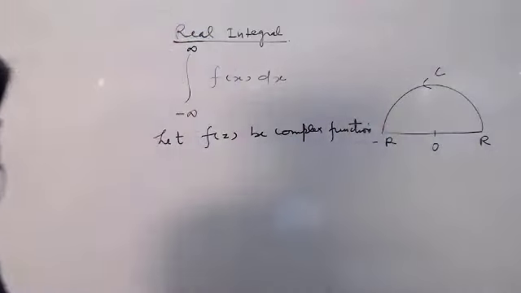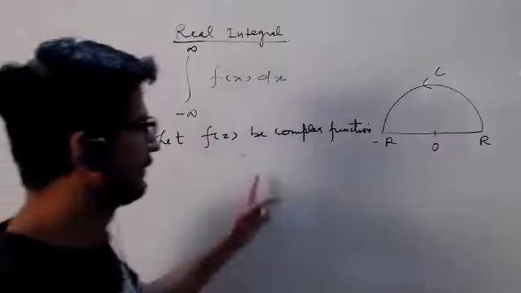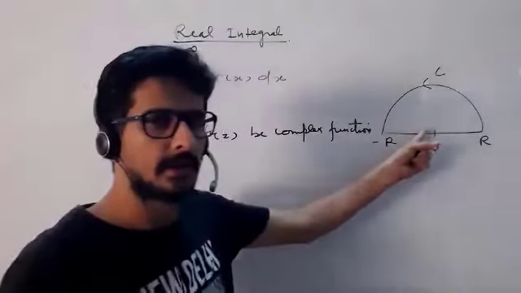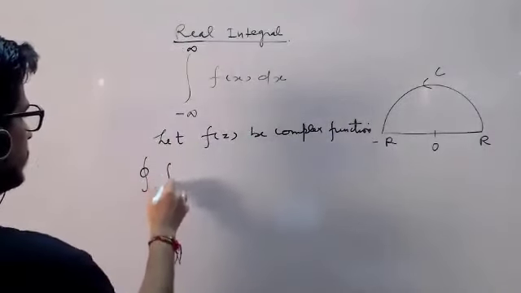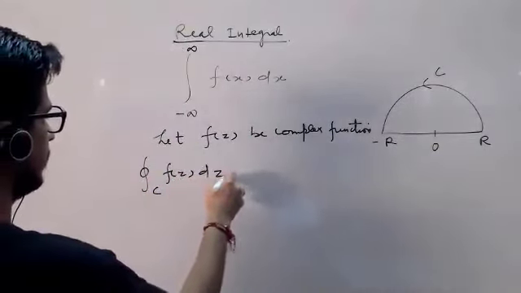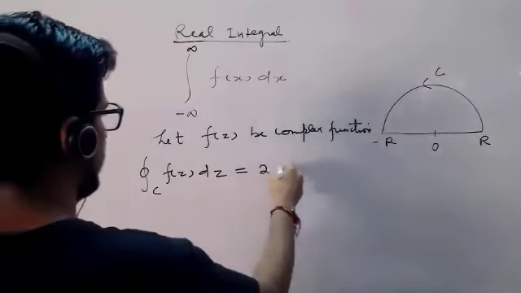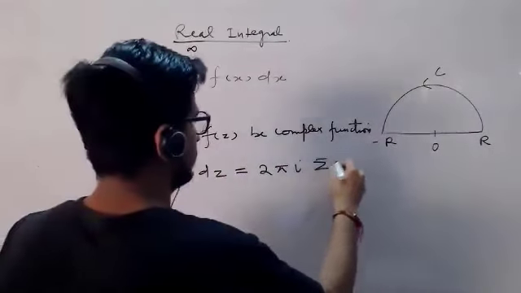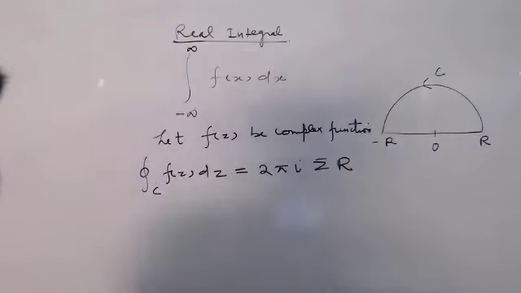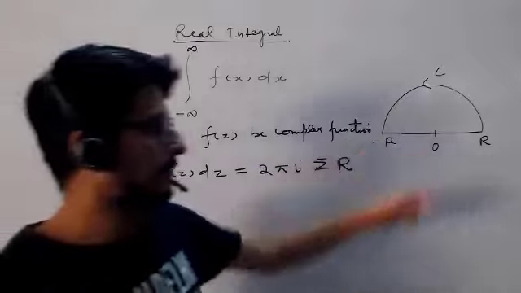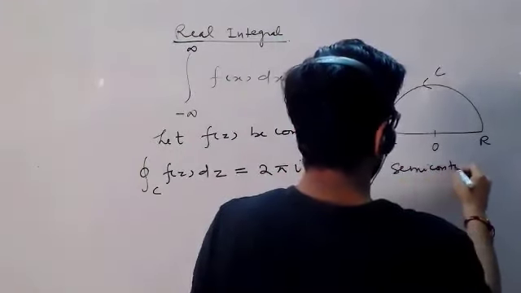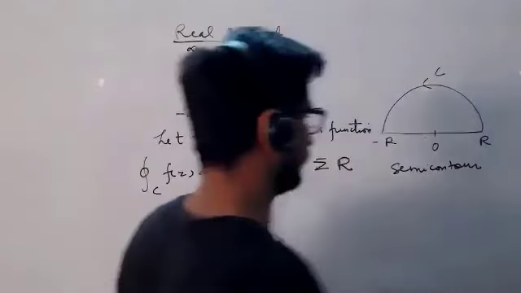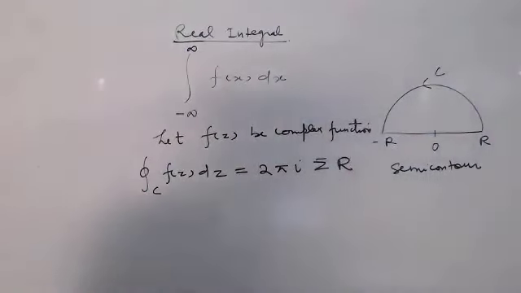Now apply that complex function to this. So what I am going to get is the contour integration over C of f(z) dz equal to 2 pi i times the sum of residues, where C is this semi contour that we have assumed. Semi contour.